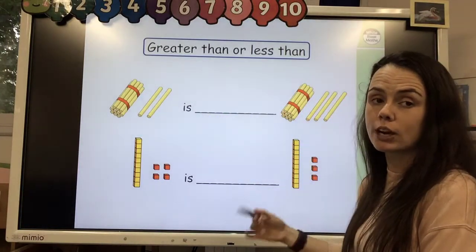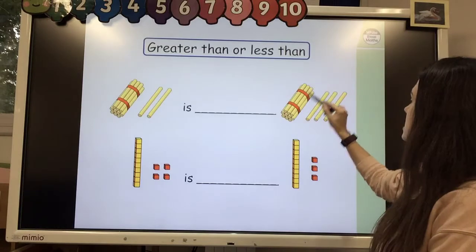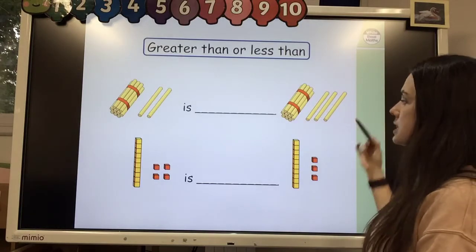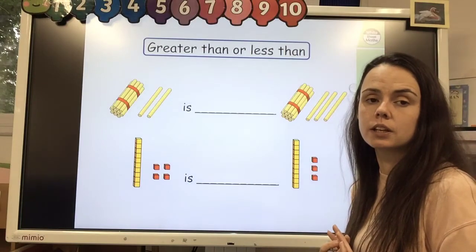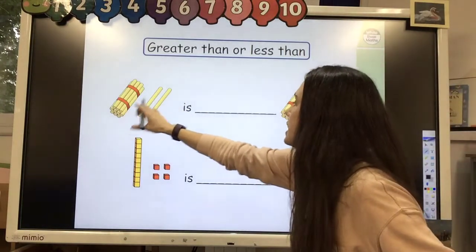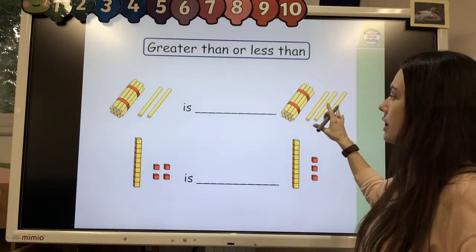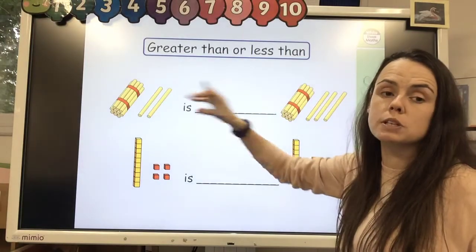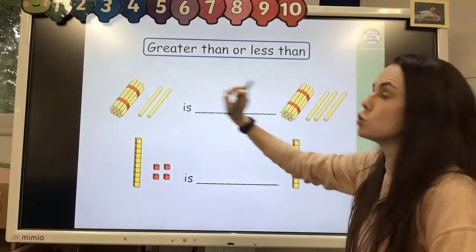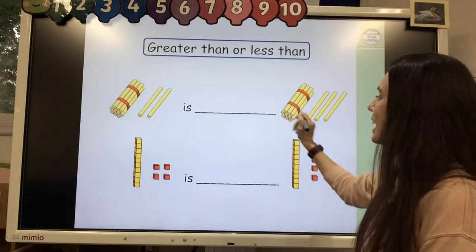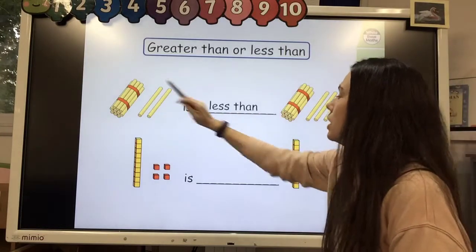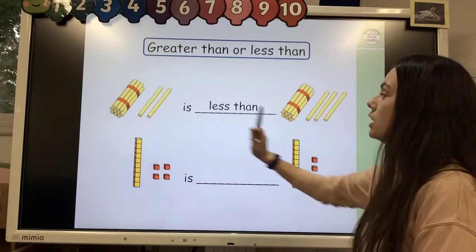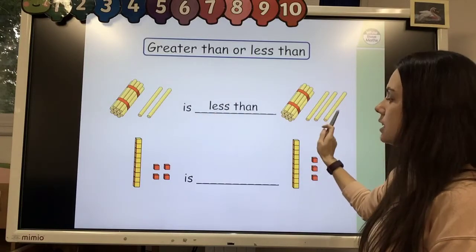Is 12 greater or less than 13? Well, this is a 10 and 2, and this is a 10 and 3. Now I know that 2 is smaller than 3, so 12 is less than 13.